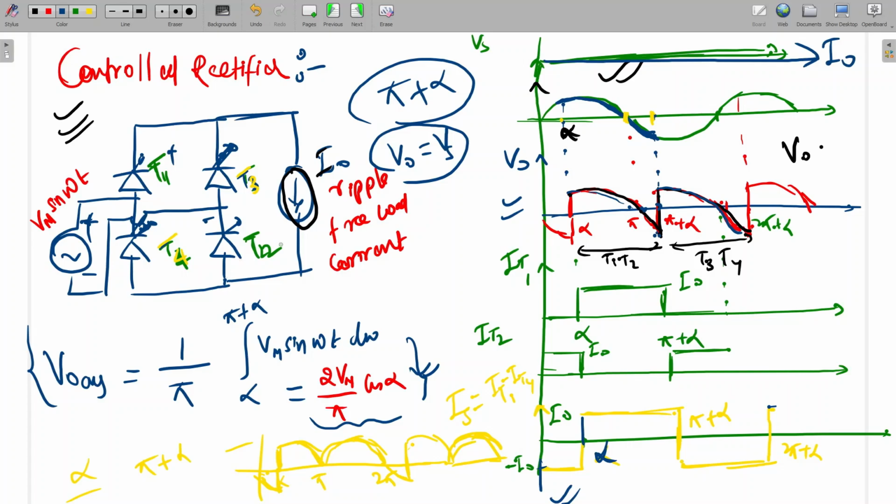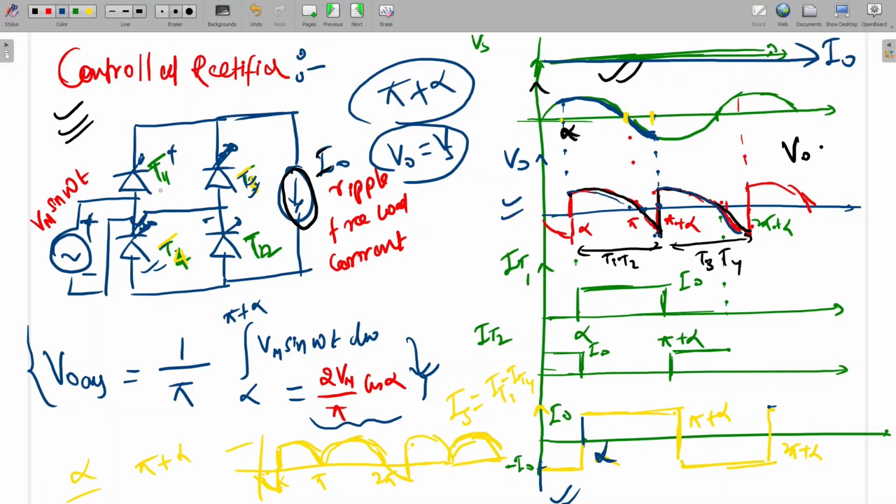We are firing T3 and T4 at pi plus alpha, so before pi plus alpha, T3, T4 will not conduct. Since they will not conduct before pi plus alpha, this current needs some path, so the already conducting switches will conduct this current.